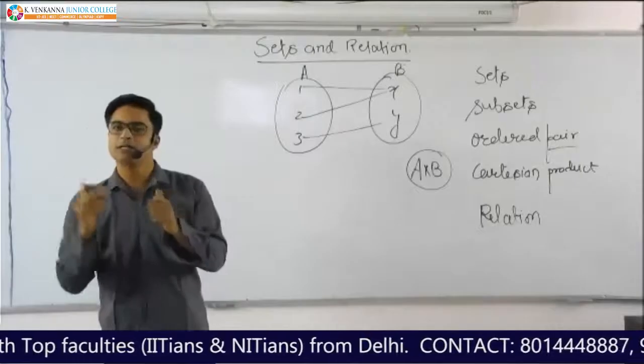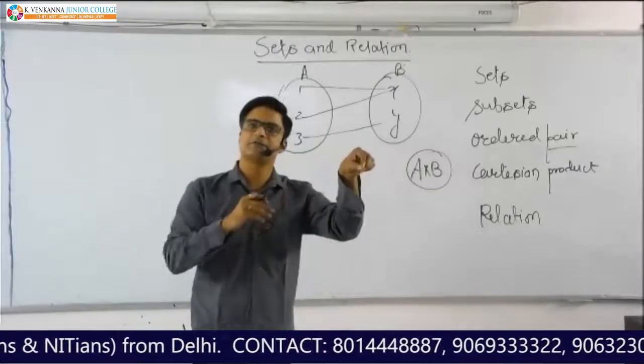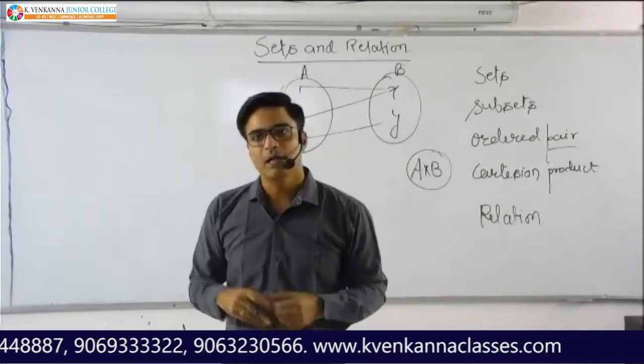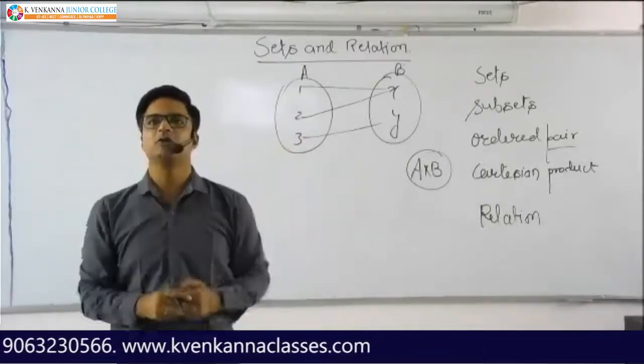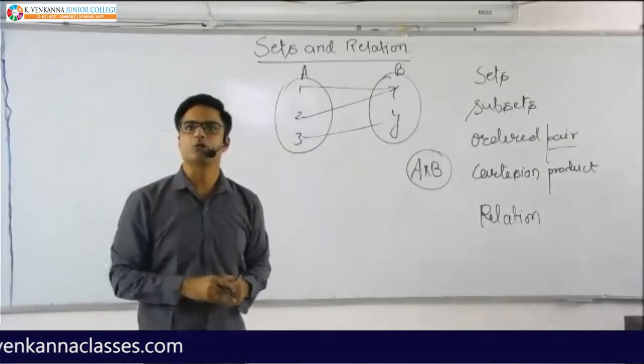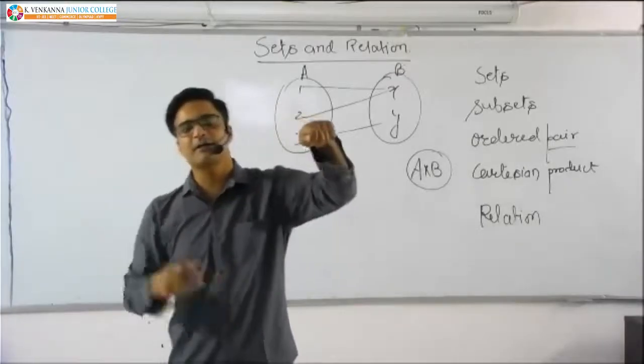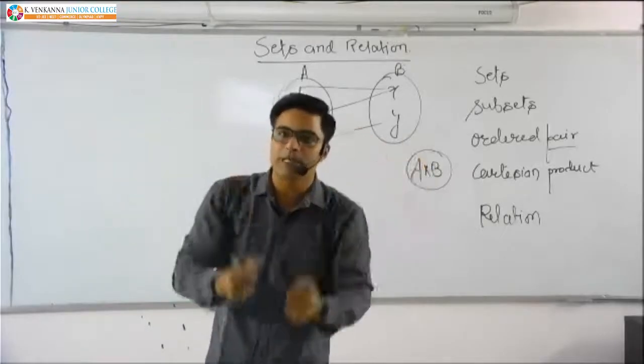So it is a relation in which first entry is the student, second entry is the college. If we define the relation between you guys, let's say Deepak and Santosh, you guys are batchmates.